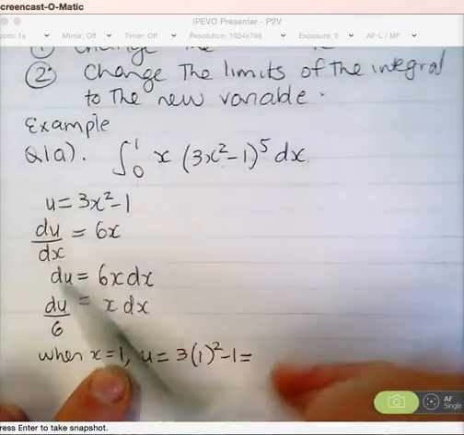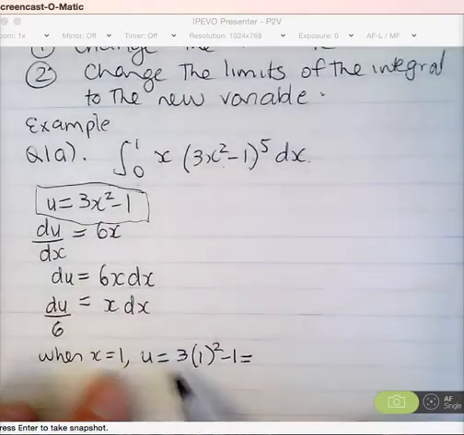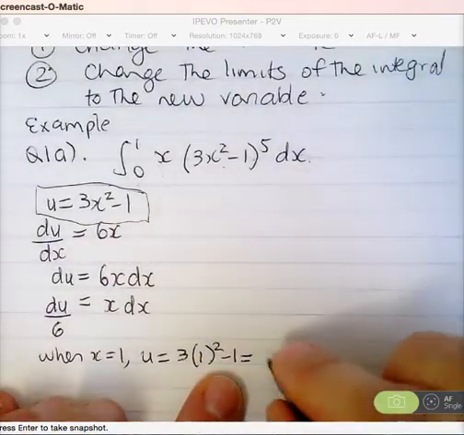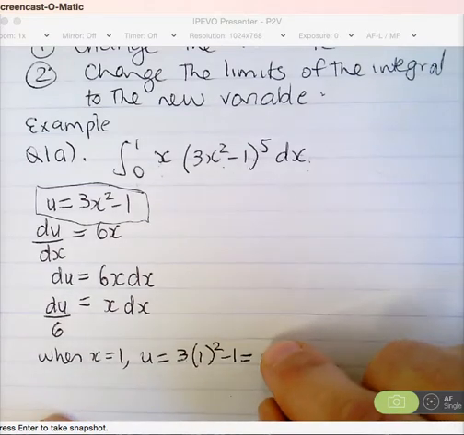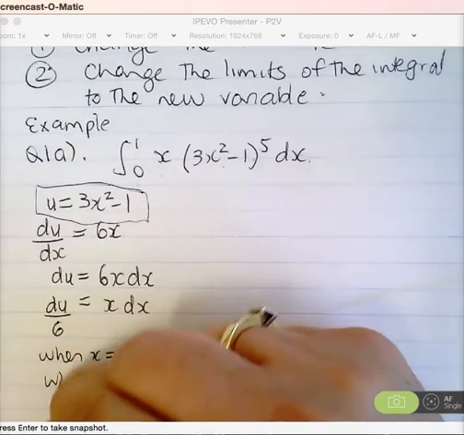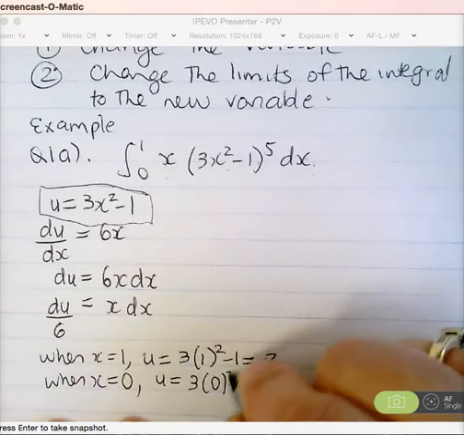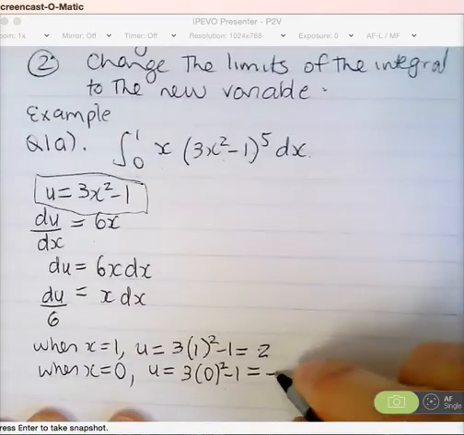So what we do, we use this equation here that u is 3x squared minus 1. So when x is 1, u is 3 times 1 squared minus 1, which is what? What does it equal? 2. And when x is 0, u is 3 times 0 squared minus 1, which is negative 1.